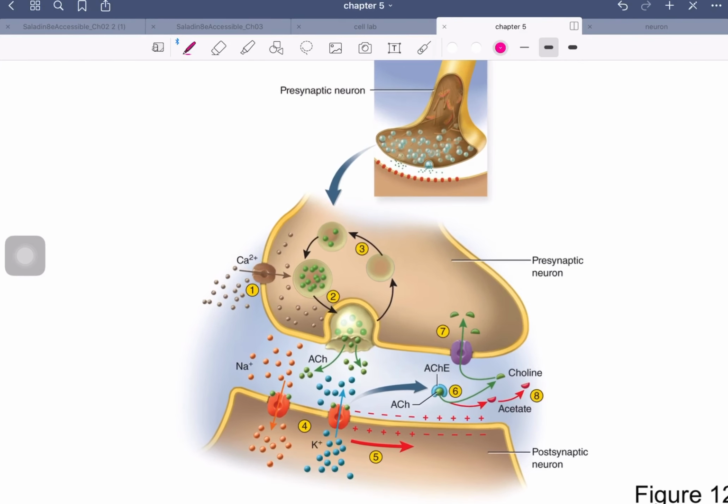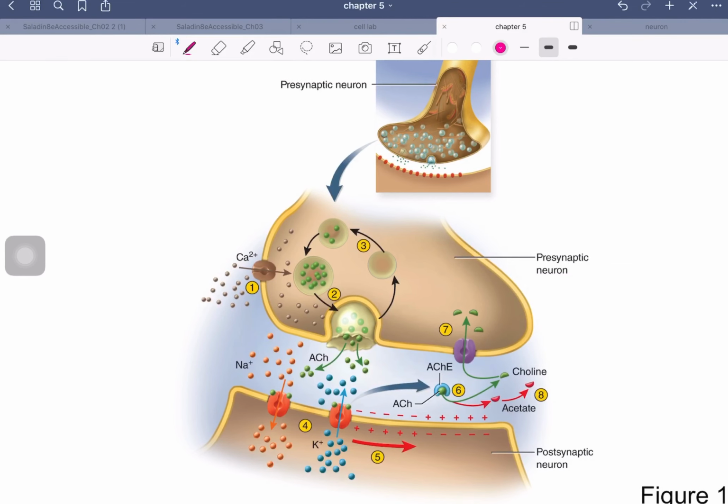And we can see the process right here. If an action potential sweeps down the membrane of the presynaptic neuron, this is a voltage-regulated calcium gate. So the action potential will cause the opening of the calcium gate.